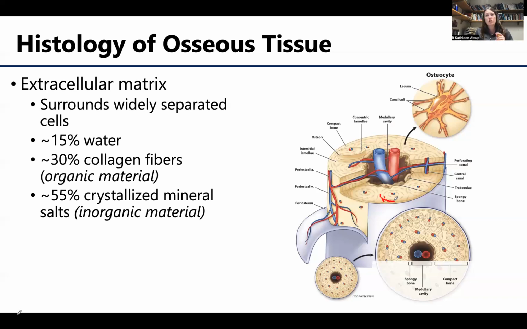Now, the major components of the bone extracellular matrix are going to be water. Water's in everything. You're going to have organic material, and of the organic materials, really collagen fibers are the major component. And then you're going to also have inorganic material, which are going to be crystallized or hardened mineral salts.